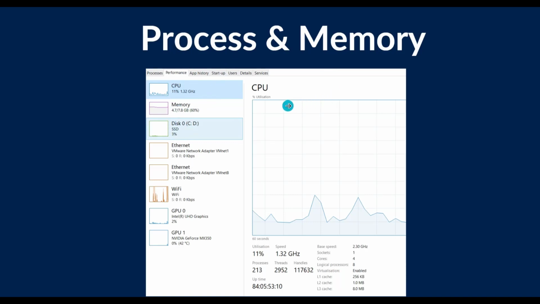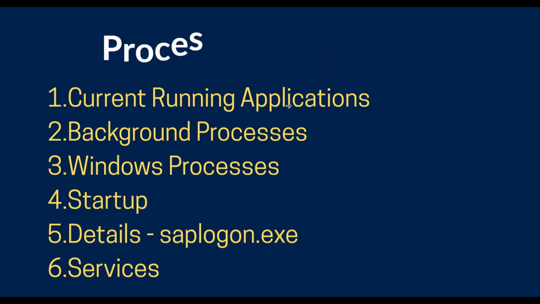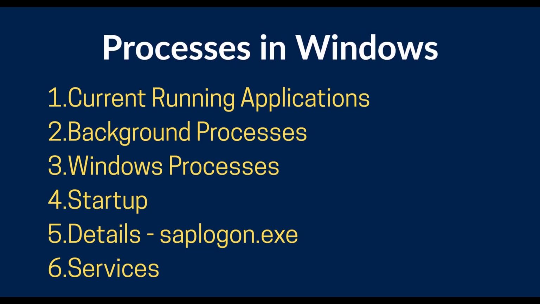Next, processes in Windows: current running applications, background processes, Windows processes. To start the operating system, some processes are running behind. In details, you have .exe files. In Services you can find so many services to run any single application or multiple applications.